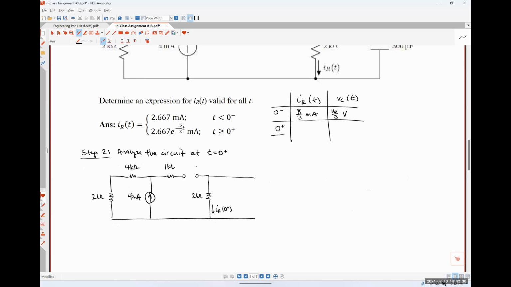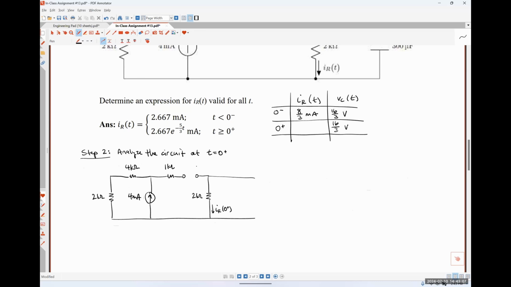That means that if the voltage drop across the capacitor was 16/3 of a volt at t equals 0 minus, it has to continue being 16/3 of a volt at t equals 0 plus. Is everybody okay with that statement? Nobody is opposing me, so I'm going to assume that you're all on board. So the voltage drop across the capacitor at t equals 0 plus is exactly 16/3 of a volt.